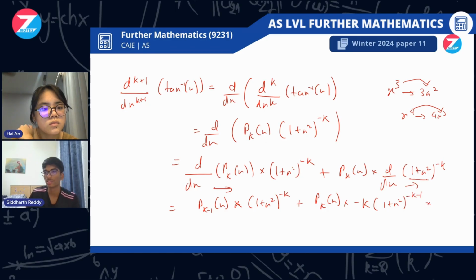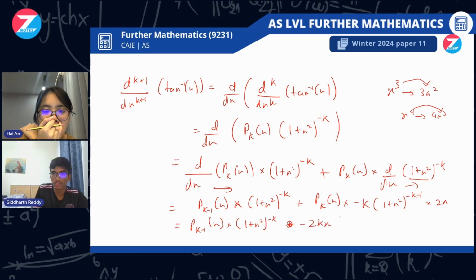And then we derive the inside of the bracket, so this becomes 2x. So this becomes p of k minus 1 of x into 1 plus x squared to the power minus k, minus 2kx times pk of x into 1 plus x squared to the power minus k minus 1.